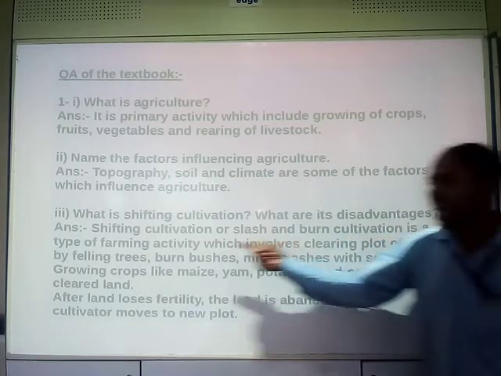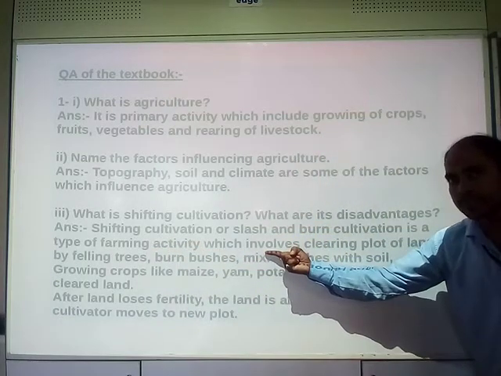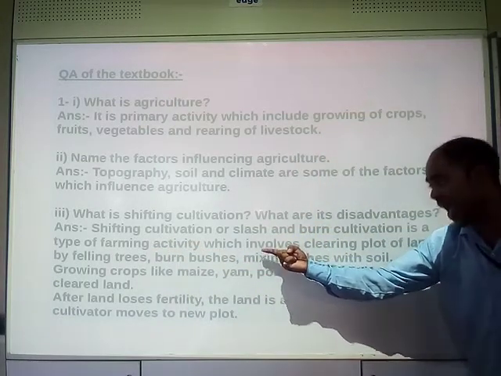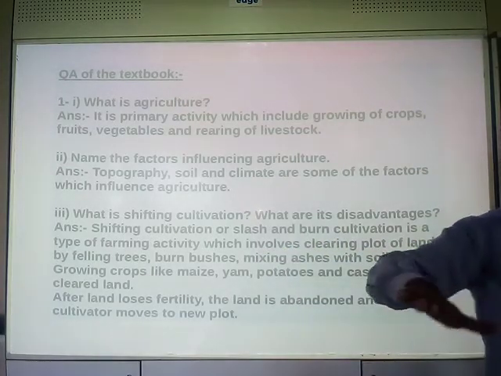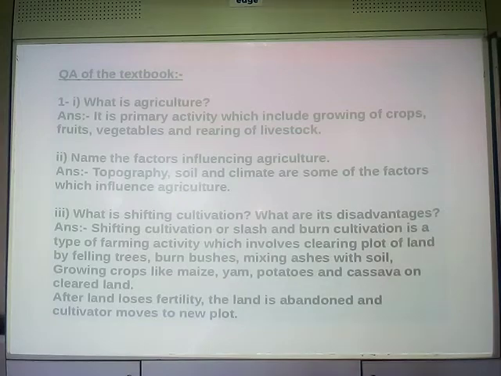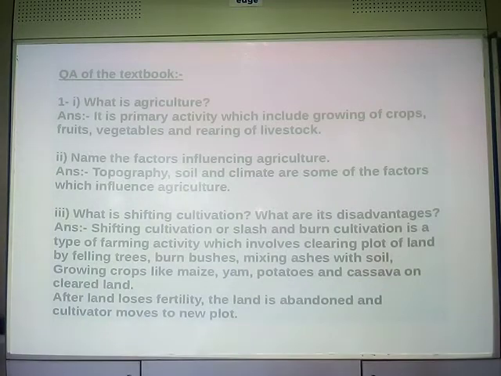It is a type of farming activity which involves clearing a plot of land. The plot of land is cleared first by felling trees, by cutting down of trees, right? So by felling up of trees, we clear the plot of land.